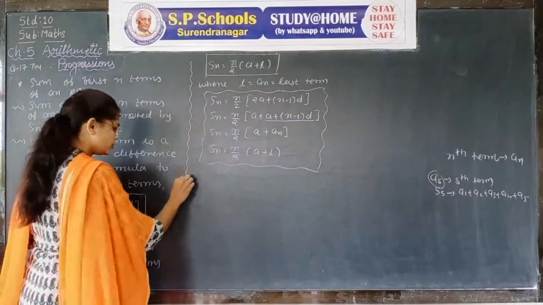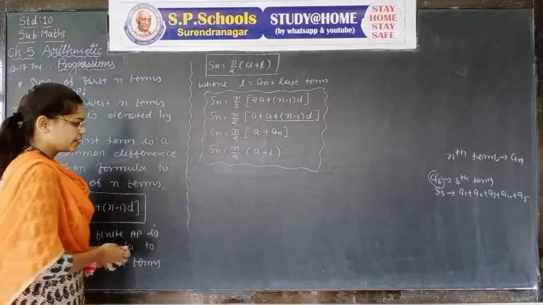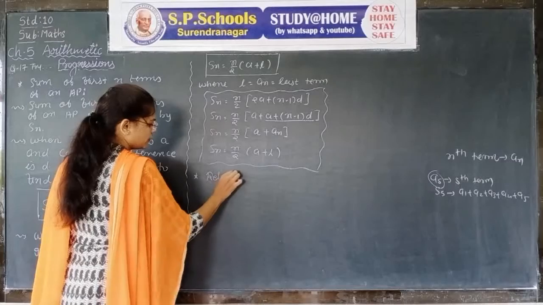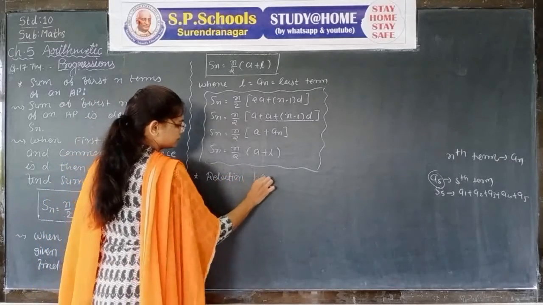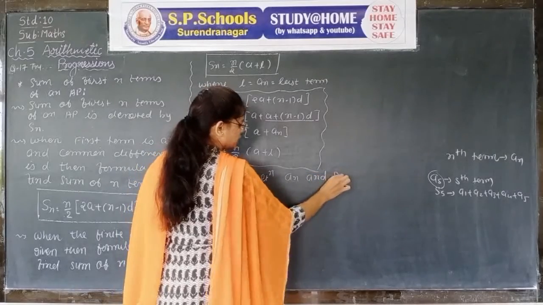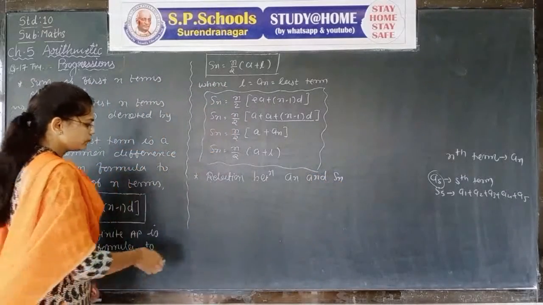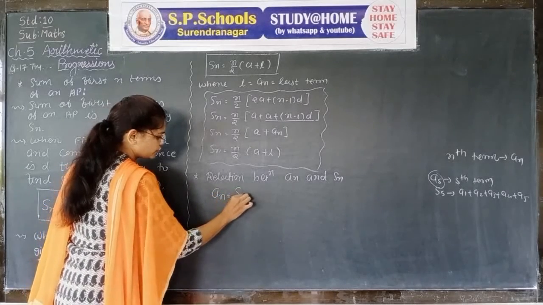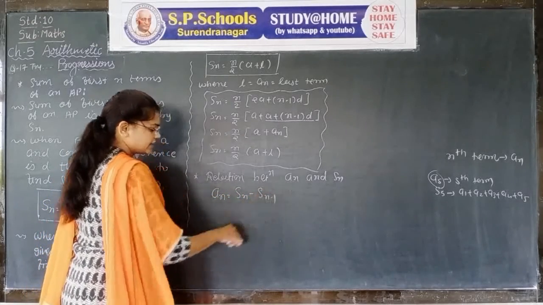Now one most important relation between an and Sn: an equals Sn minus Sn minus 1.